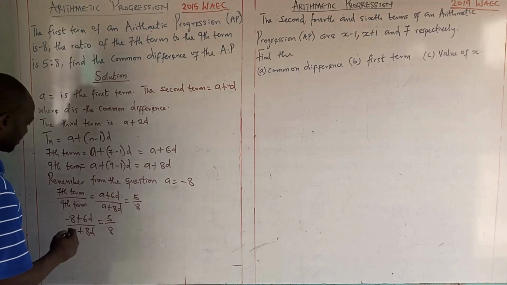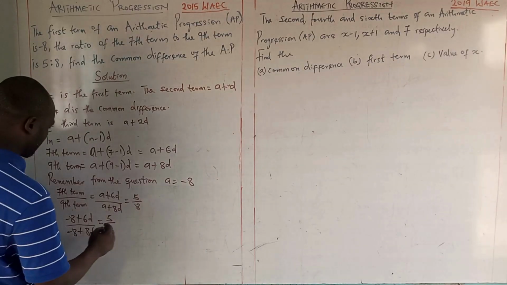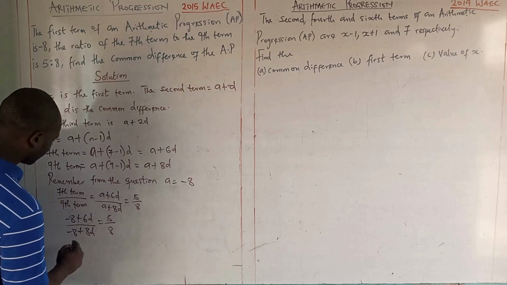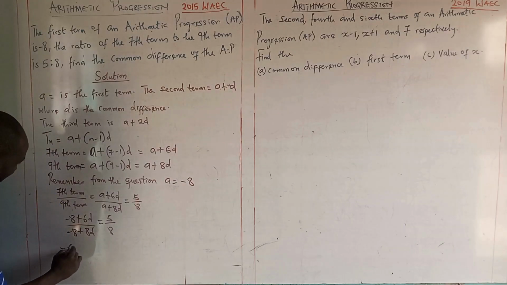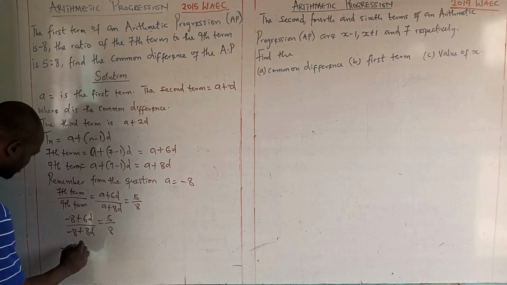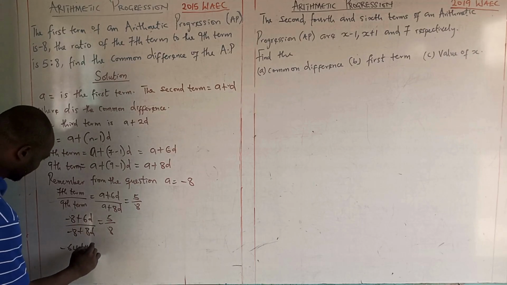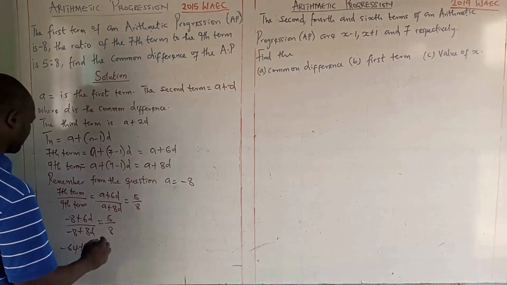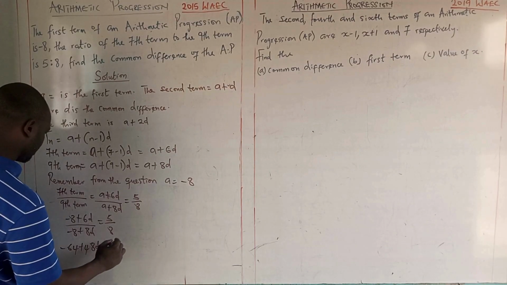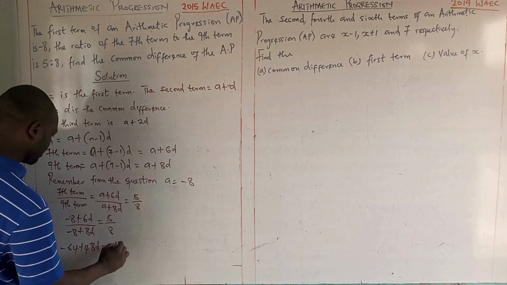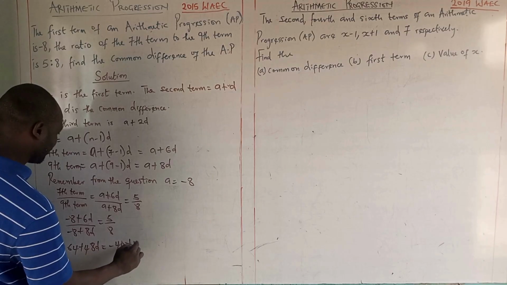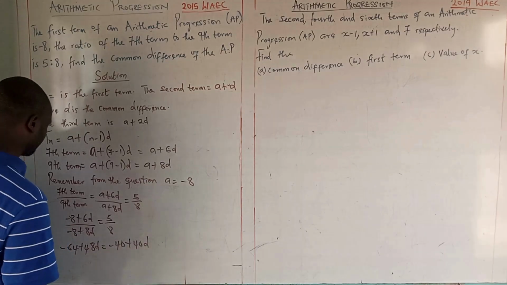Now cross multiply. If we cross multiply, it will give us minus 64 plus 48D equals minus 40 plus 40D.